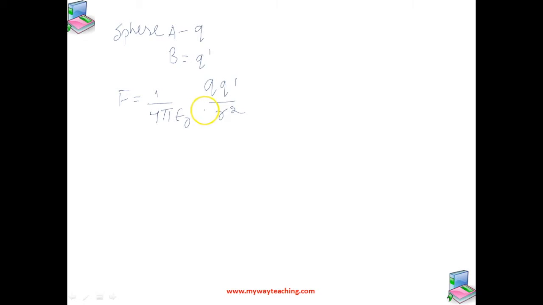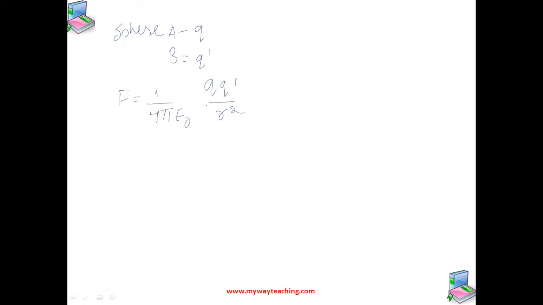So neglecting the sizes of spheres A and B in comparison to the distance, when an identical but uncharged sphere C touches A, the charges will redistribute on A and C. And by symmetry, each sphere carries a charge of Q by 2. Similarly, when D touches B, again the redistribution of charges takes place and each will have a charge of Q dash by 2.